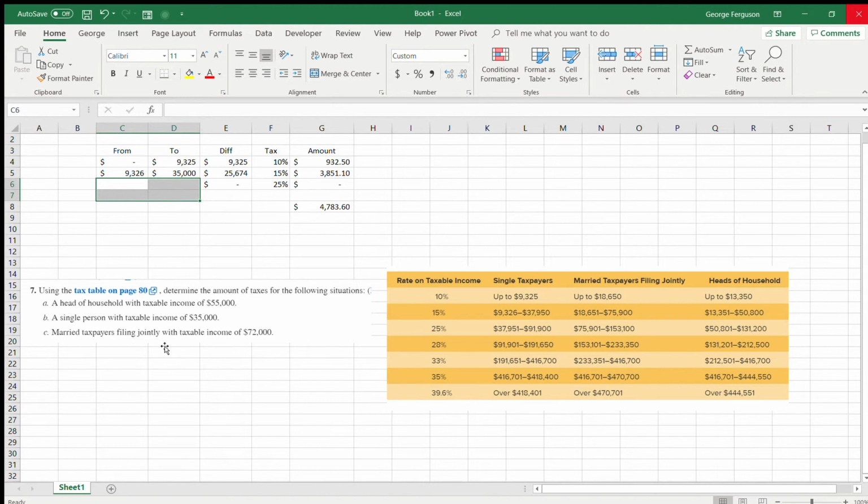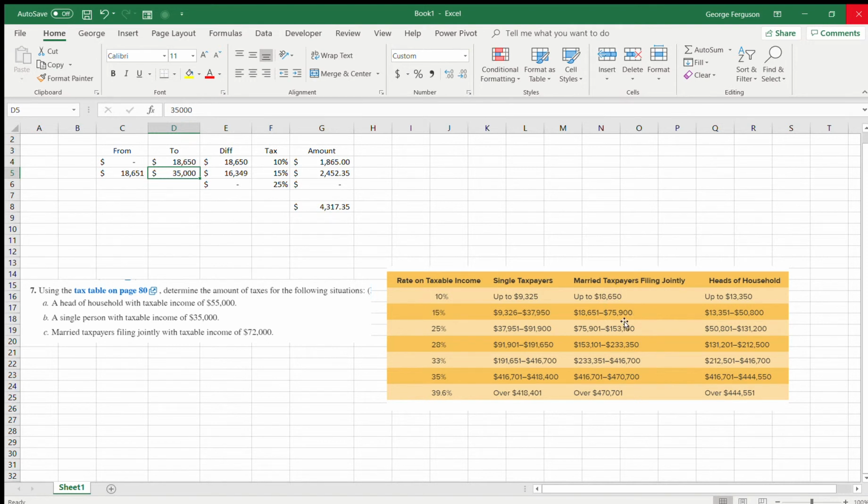Married taxpayers filing jointly with taxable income of $72,000. So you look over here at married taxpayers filing jointly. From 0 to 18,650, there's 10% tax on that first level. Then from 18,651 up to 75,900.